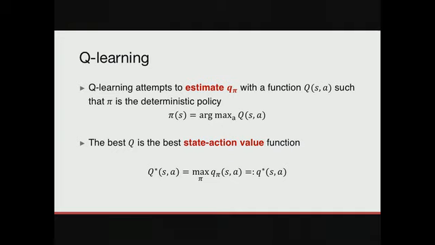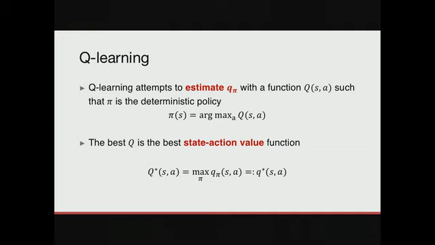Maybe it's more obvious if we look here. Q, I said before, was the value of starting in S, taking action A, and then following policy pi. This is defined by the decision process itself. The best policy is the one that has the highest Q. And this is what we call little Q star.